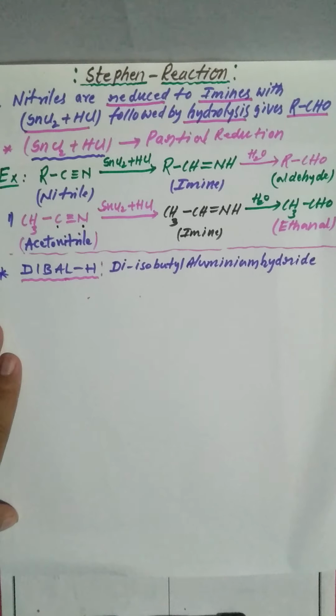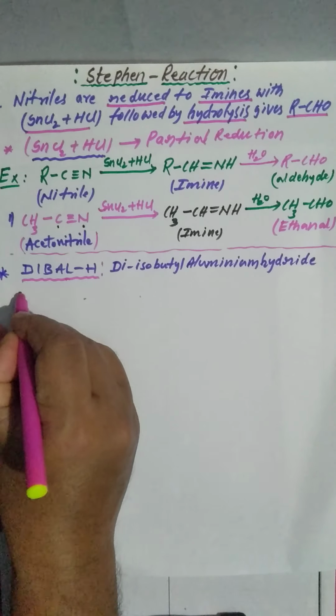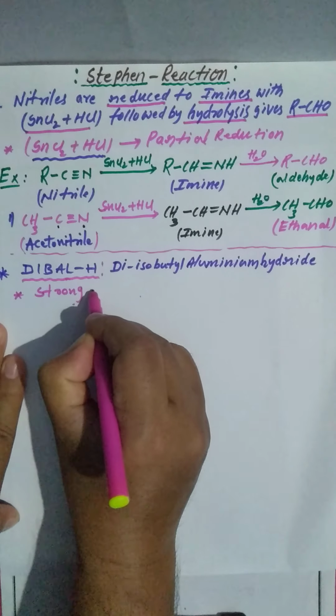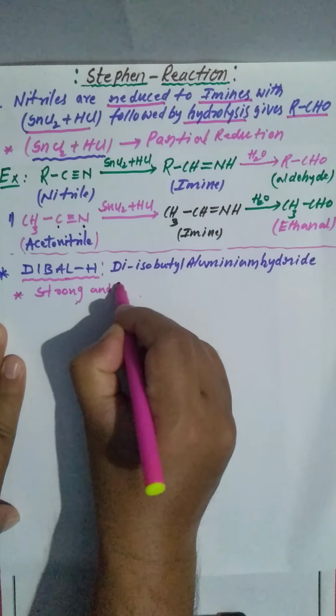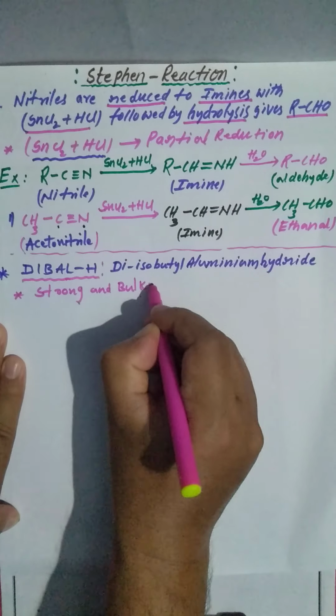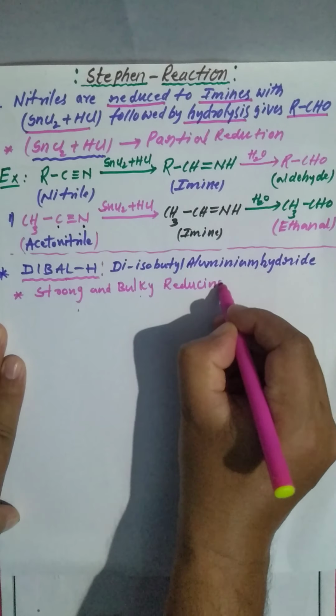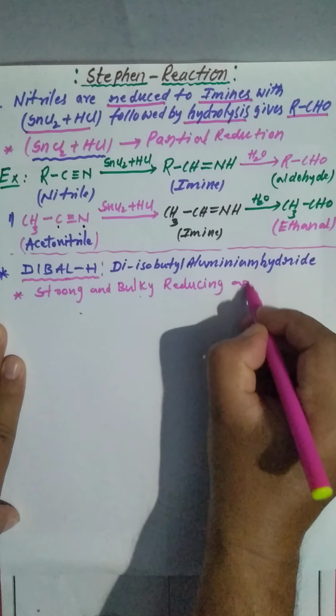Diisobutyl aluminum hydride. It is a strong and bulky reducing agent. Remember, strong and bulky reducing agent.